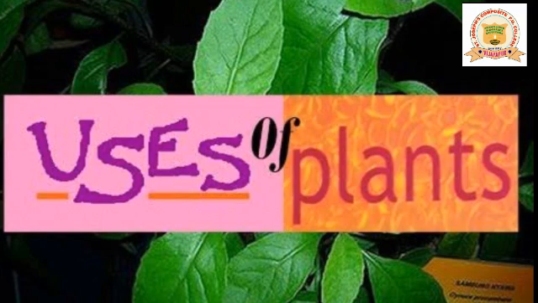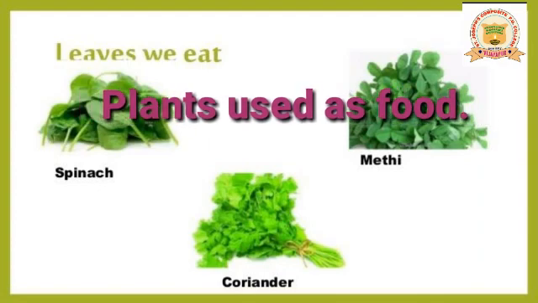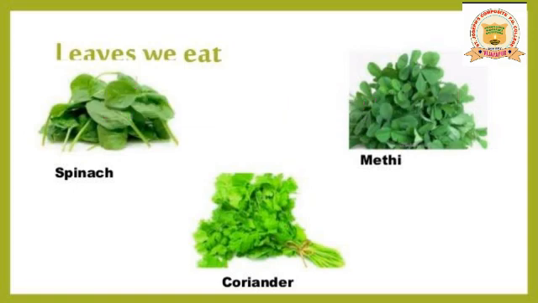Now I tell the uses of plants one by one. So the first use is that plants are used as food. Plants are the main source of our food. We eat the leaves of some plants like spinach, methi means fenugreek, coriander means kothambri.